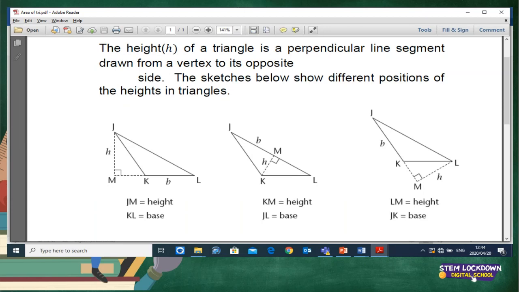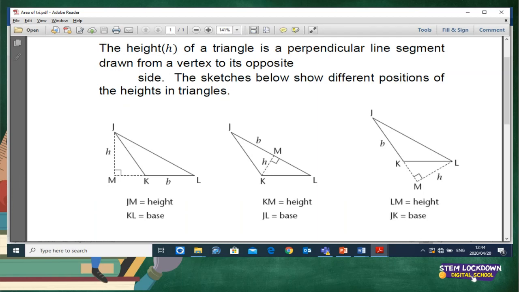And of course, the second triangle there, you can see again, we have KM, which is the height. We have drawn a line from the vertex, which is perpendicular to the base, and the base in this case is JL. As I've indicated, you don't really have to rotate it, but if you rotate your triangle, you'll be able to see that your base is JL, but you don't always have to do that.